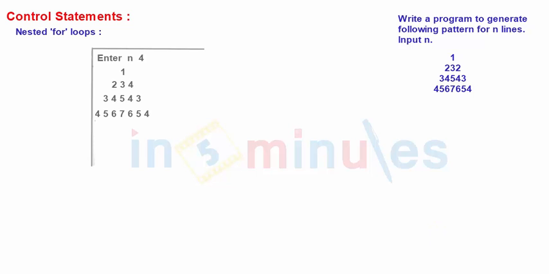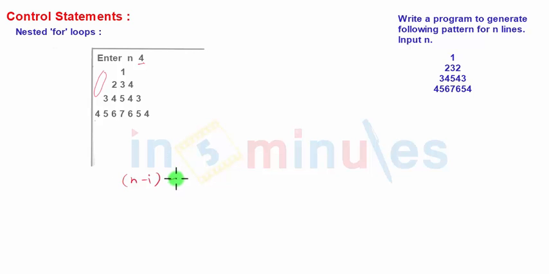Now let's discuss how we can solve this problem. For example, if the input was n equal to 4, then the output should be 4 lines like this. That is how the program has to work. Now as we discussed earlier, there are some spaces over here and these spaces are given by a loop of n minus I. That is, every time there are n minus I spaces whenever there is a pattern which has left side spaces.